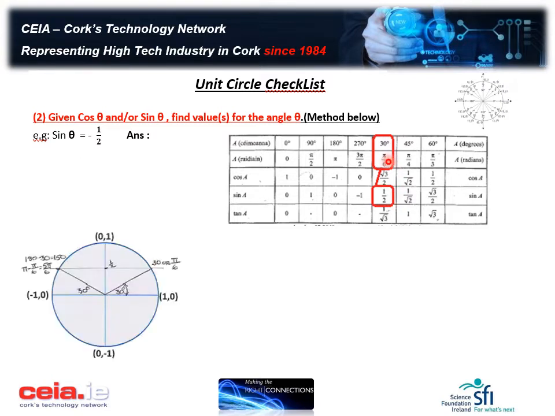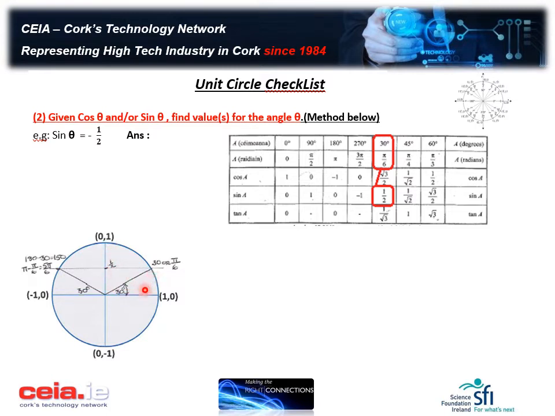So I can imagine a unit circle now. Sine of theta is equal to plus a half. The angle could be pi over 6, but there can be two angles, because there are two points on the unit circle where the vertical distance along the y-axis is equal to a half.